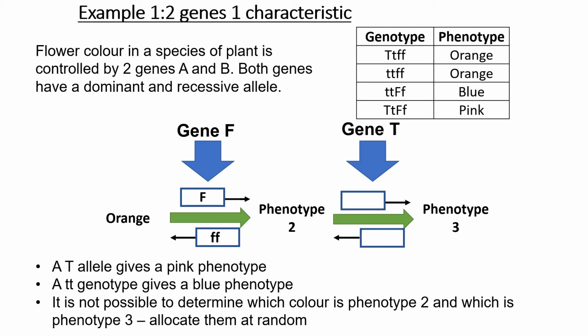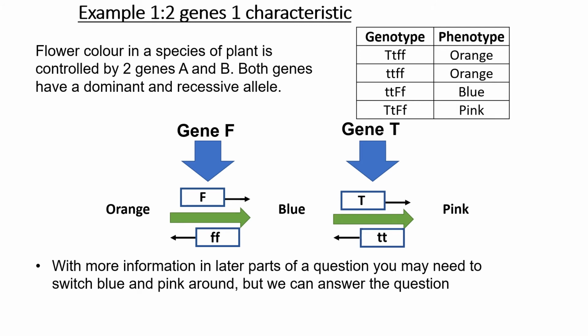But it's not actually possible in this question with the information we've been given to determine if phenotype 2 is blue or if phenotype 2 is pink. We just know that if you have a dominant allele for T, then you're going to be pink. If you have a homozygous recessive genotype for T, then you're going to be blue. That's as far as the information lets us go in this question.